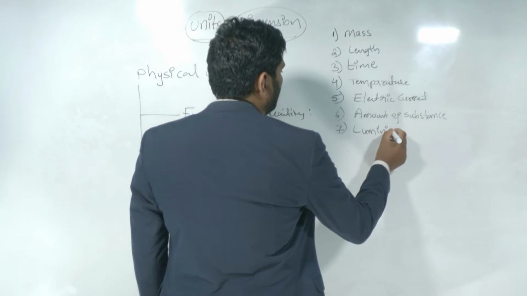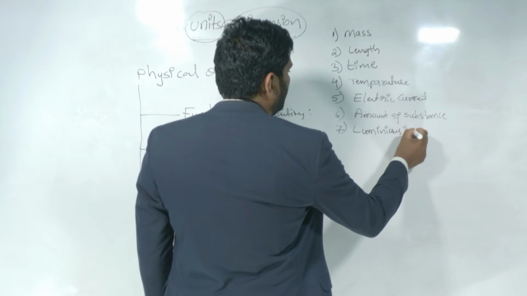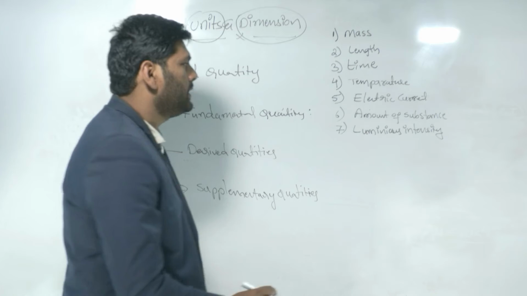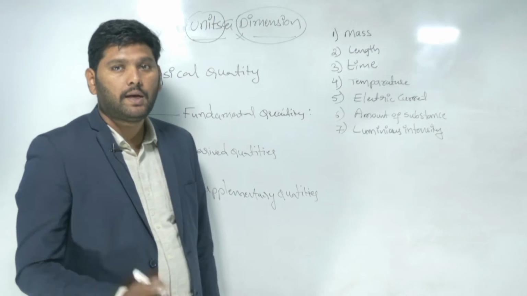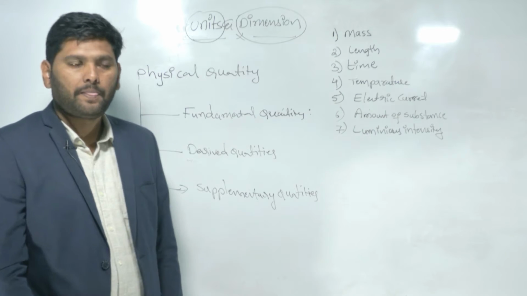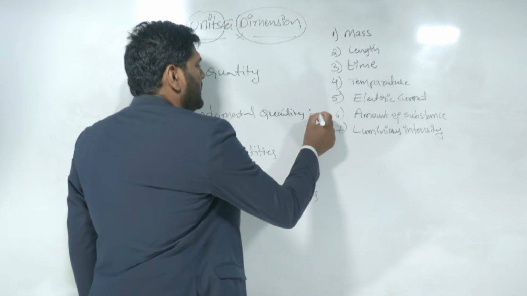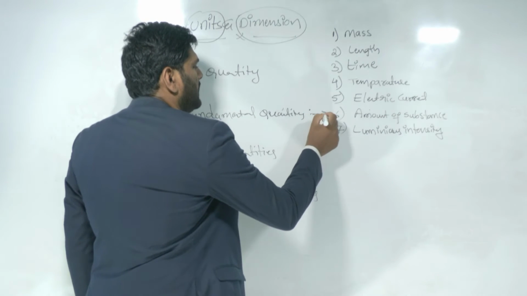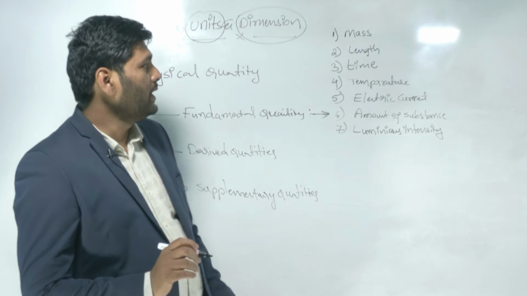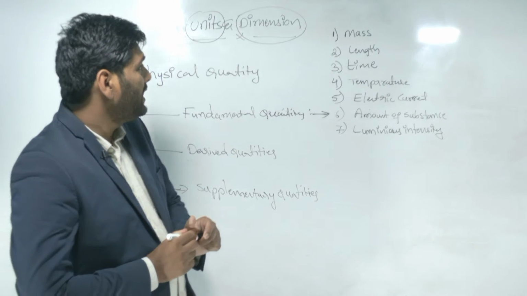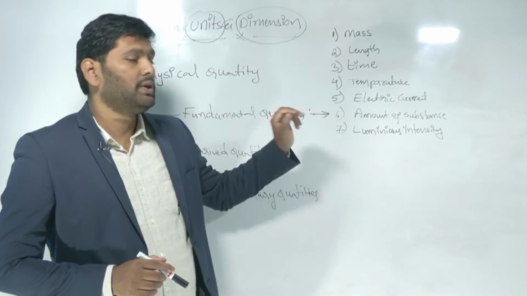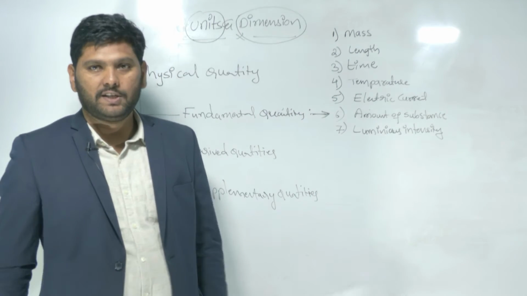These 7 physical quantities are known as fundamental quantities. Only 7 we have, not many more. In the total science world, how many fundamental quantities do we have? Only 7. Those are mass, length, time, temperature, electric current, amount of substance, and luminous intensity.